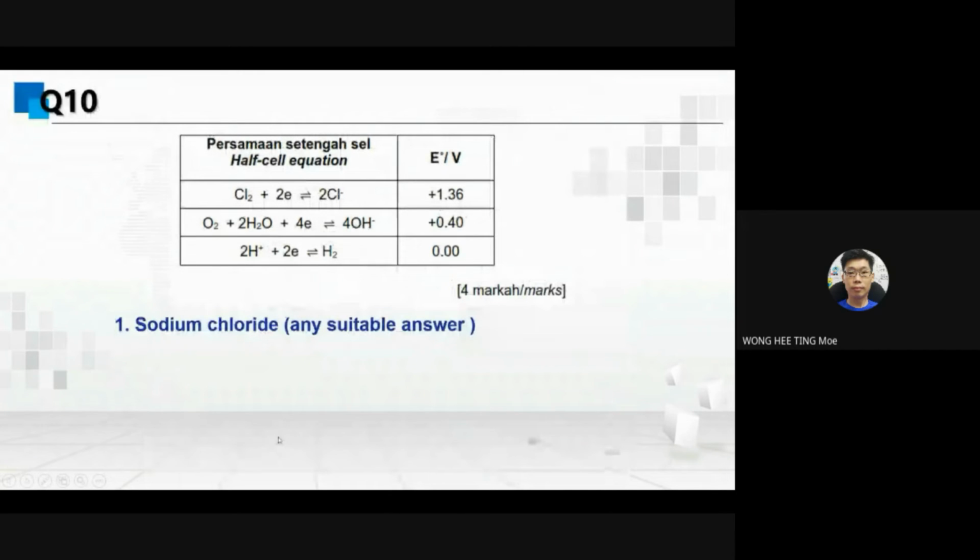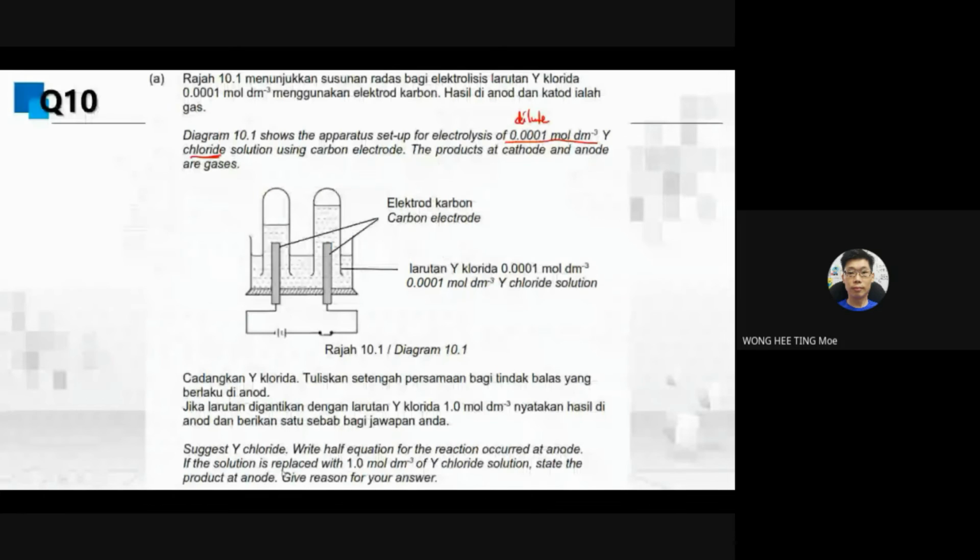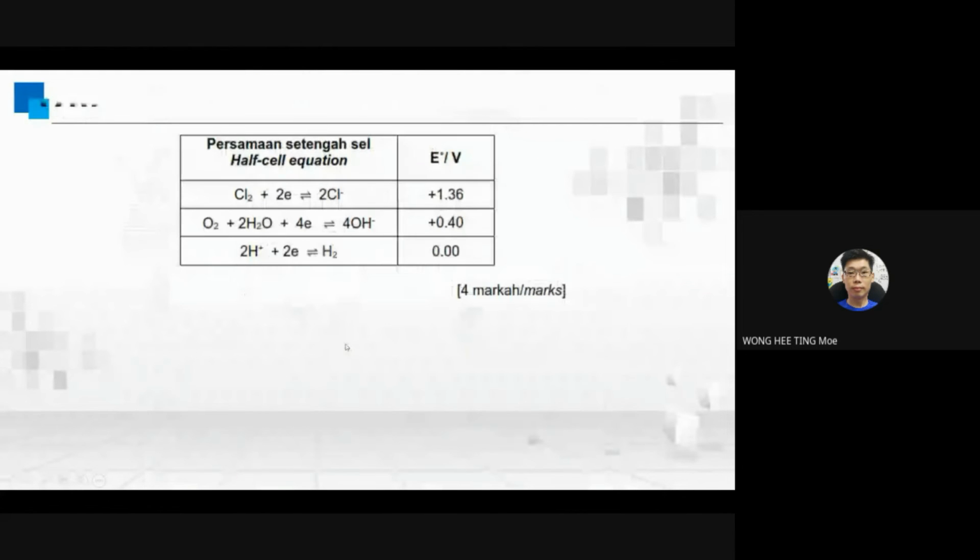Now, the question asks: write the half equation for the reaction at the anode. So at the anode, what is the half equation? Anode means oxidation, loss of electrons. So chloride and hydroxide, which one is selectively discharged? Hydroxide, because it is dilute, right?